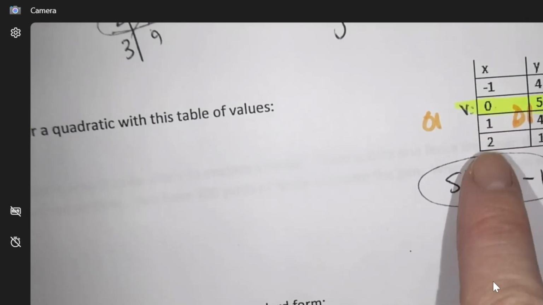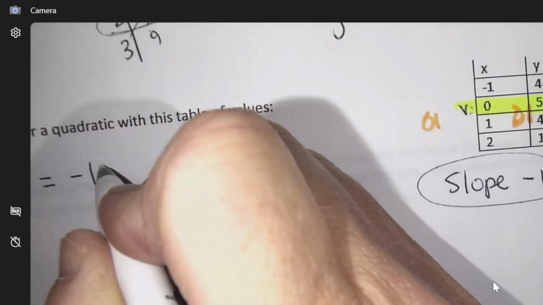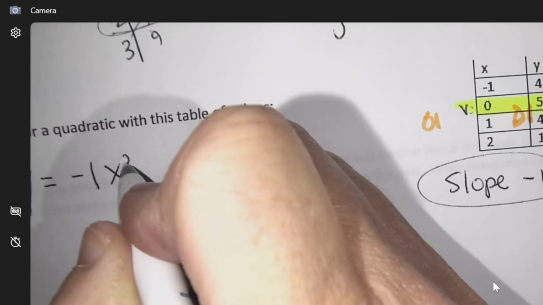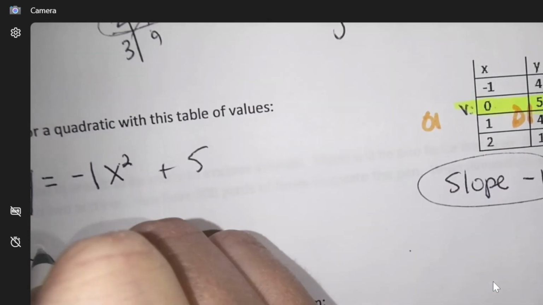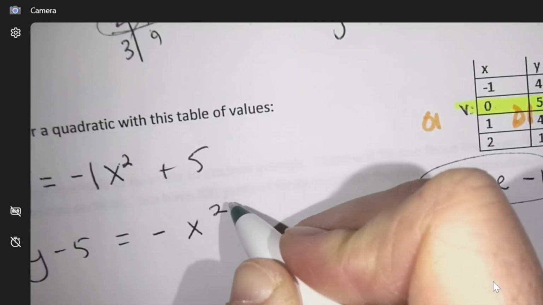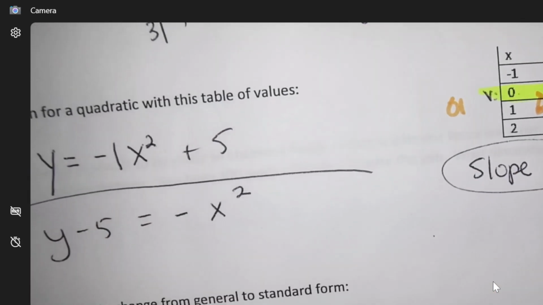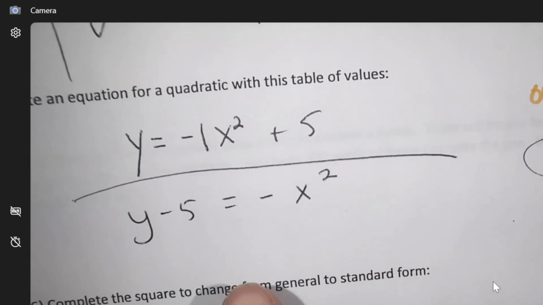Okay, so there you go. There's your vertex, there's your slope. Write me an equation. So you have some options on how you want to write that for me. But there's just no number in the bracket.